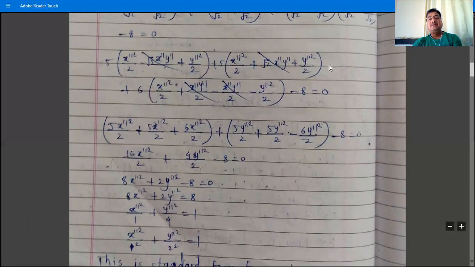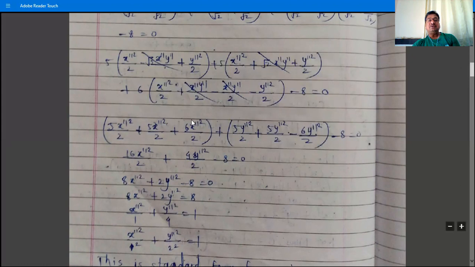These are the terms of x double dash square. Then these terms get cancelled, so y double dash square by 2. So what is the answer? 5 y double dash square by 2, then 5 y double dash square by 2, and minus 6 y double dash square by 2, minus 8 is equal to 0.